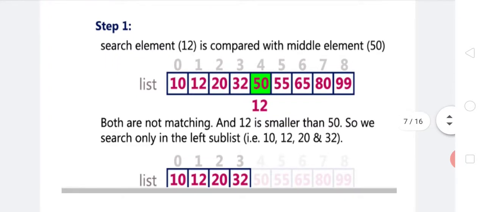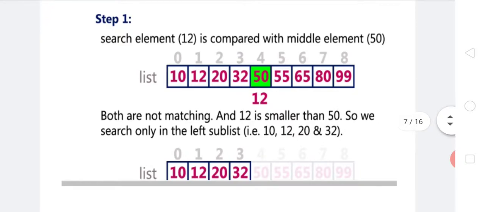Now see in the figure, at the bottom there is another array. This is the subarray of the previous one. Now 12 is compared within the left subarray.